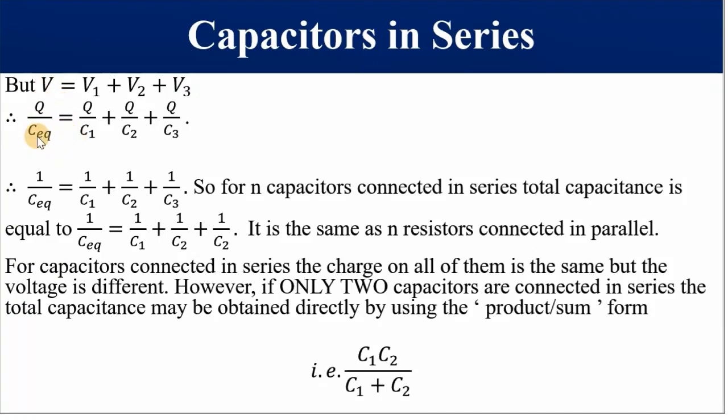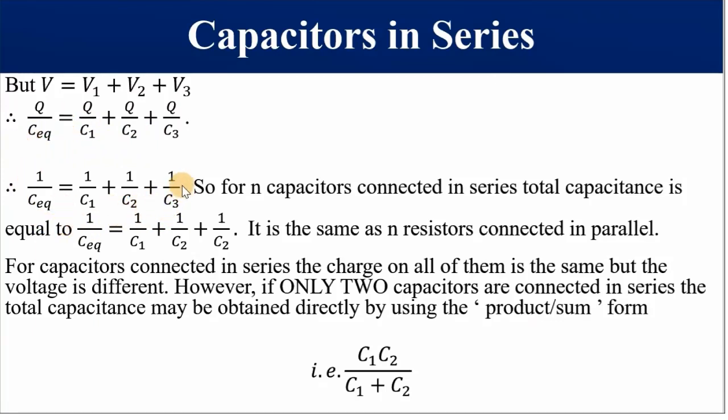V is equal to Q over C. So V is equal to Q over equivalent capacitance, and this is equal to Q over C1, which is V1, plus Q over C2, V2, plus Q over C3, which is V3. We can divide by Q throughout, and it will be 1 over equivalent capacitance, which is total capacitance, is equal to 1 over C1 plus 1 over C2 plus 1 over C3. Please take note, this is the formula for calculating total capacitance or equivalent capacitance when capacitors are connected in series.